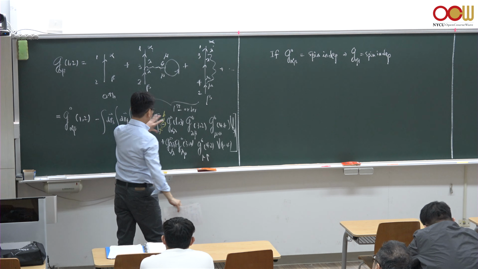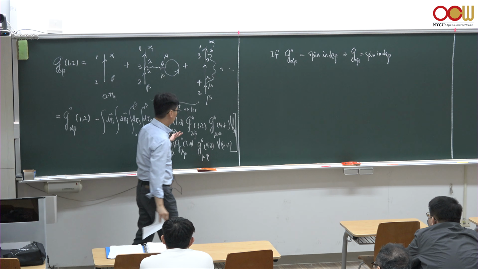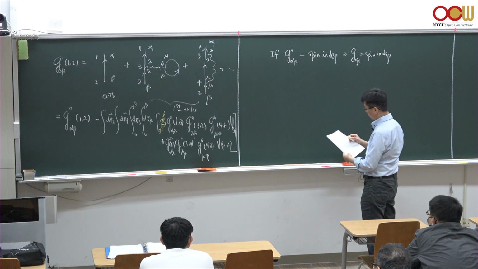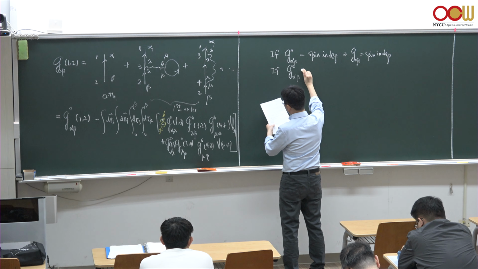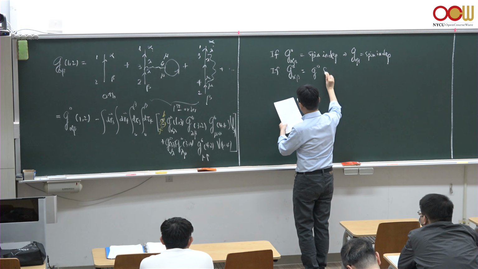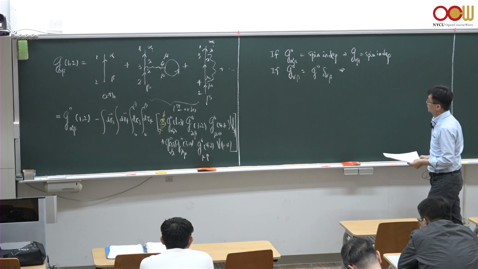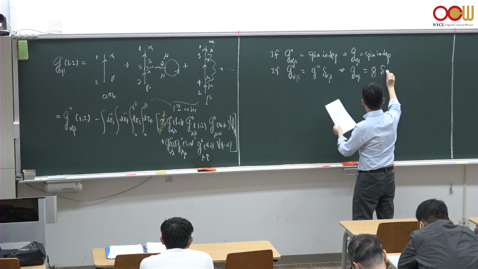Remember, all these expressions are made of G0s and products of G0s. So if G0 carries no spin, the full Green's function is independent of spin. If G0 alpha beta does carry spin, then it is a diagonal element of 2 by 2 matrices in spin space, and then we do have this for the full Green's function.